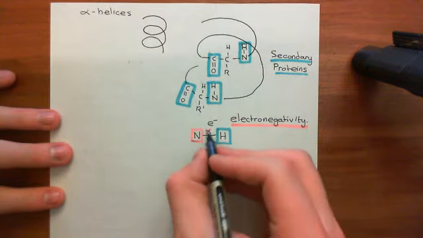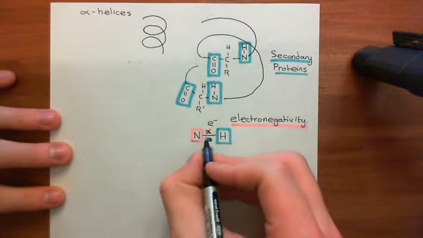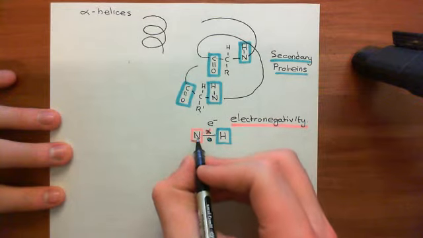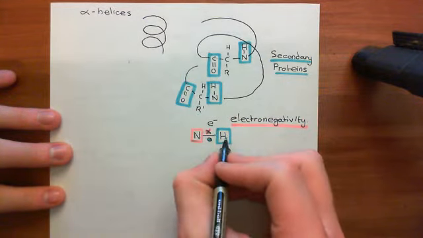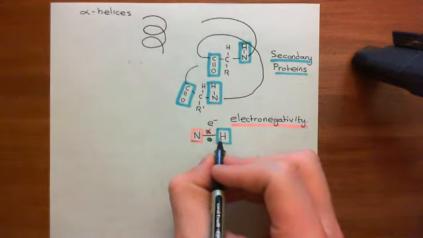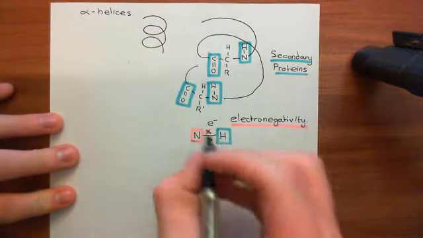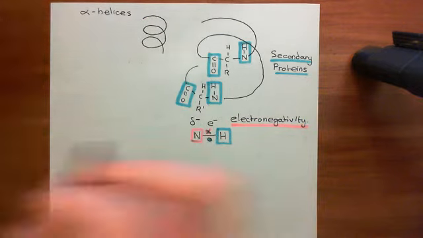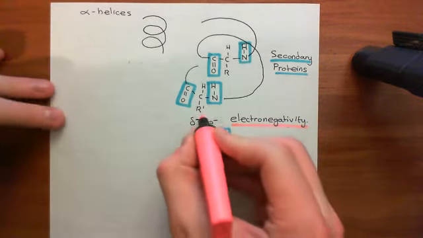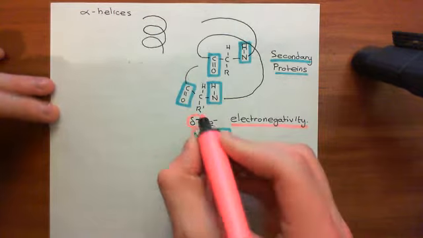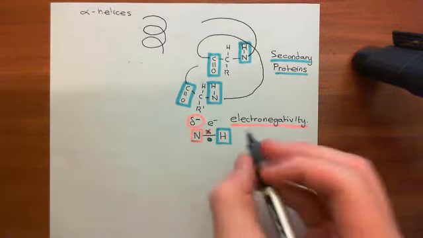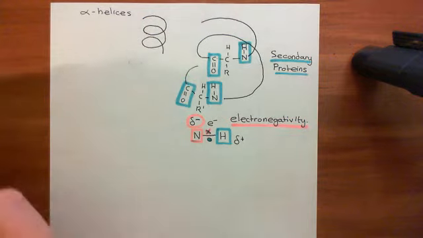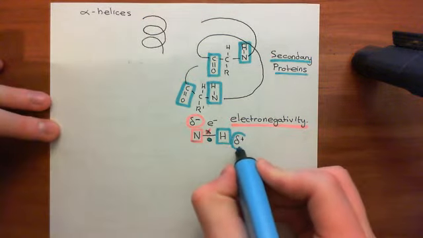Right. So these two electrons in this single covalent bond are going to sit towards the nitrogen atom, and away from the hydrogen atom. Now, what does that mean? Well, it means that the nitrogen atom is going to get a partial negative charge, because it has these electrons sitting slightly towards it, whereas the hydrogen atom is going to get a partial positive charge because it has partially lost these electrons.